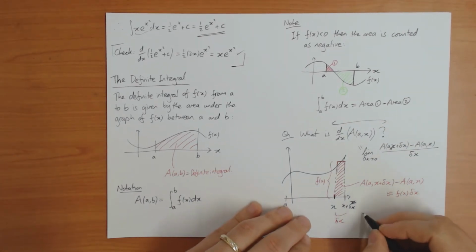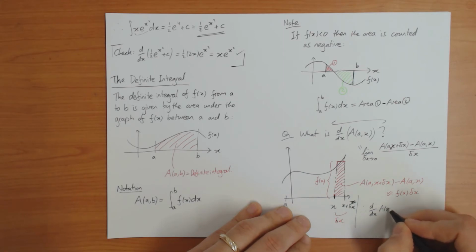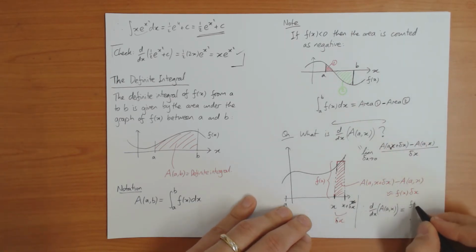So therefore you see that d by dx of a of a and x is equal to the difference here, which we've said is f of x times delta x divided by delta x, which is equal to f of x.